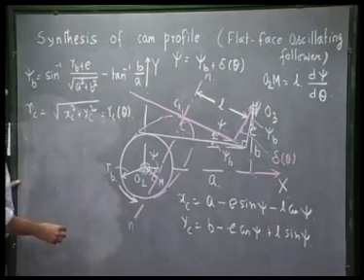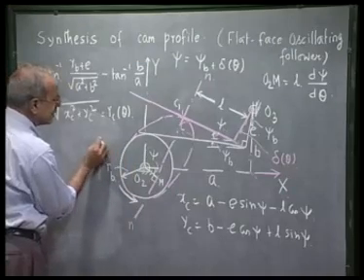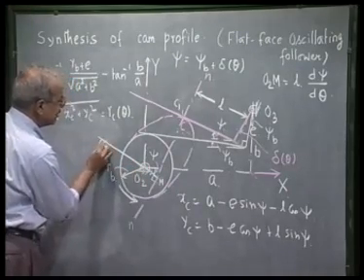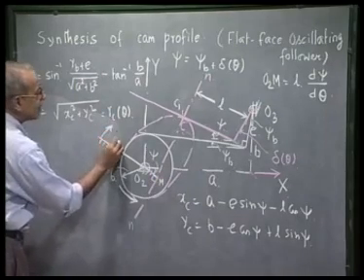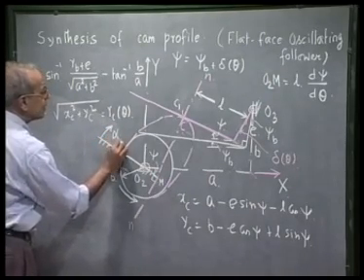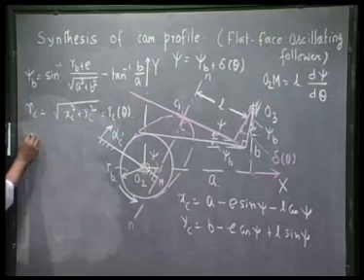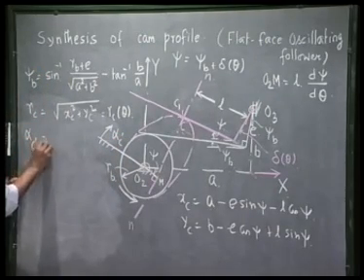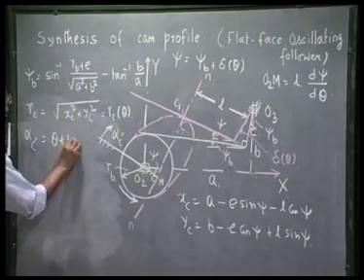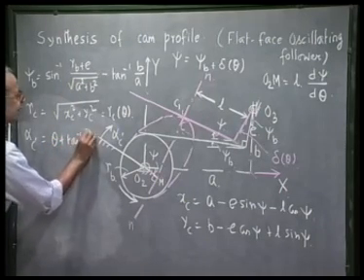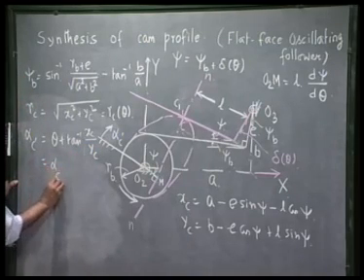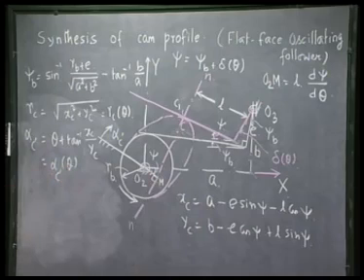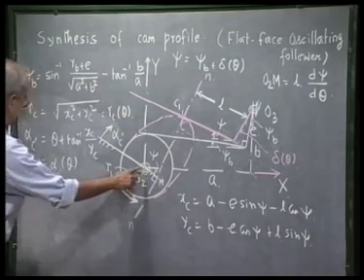And from any line fixed on the cam, any line which I fix on the cam, then if I measure the polar angle from here, if I call it say some alpha c prime, then alpha c prime is theta plus tan inverse xc by yc. So this is also a function of theta. So this is the parametric equation of the cam profile in polar coordinates with the origin here.